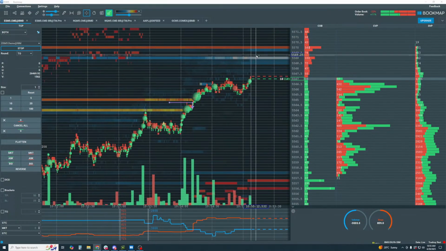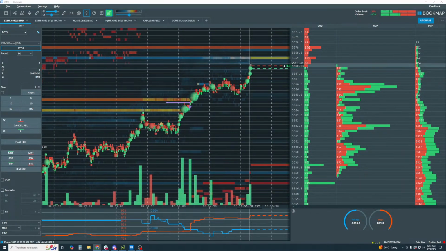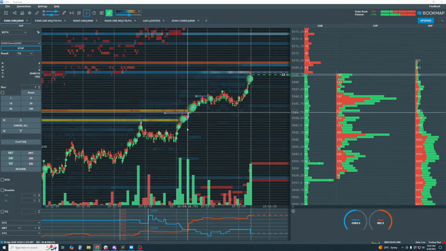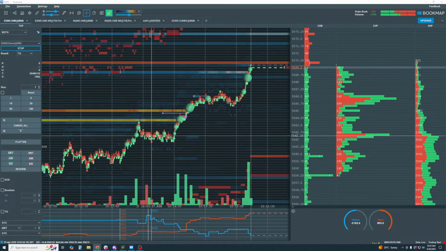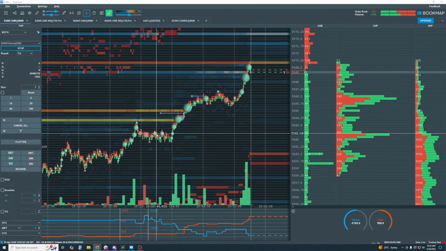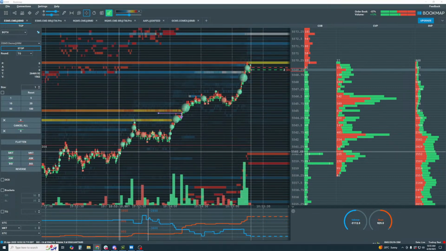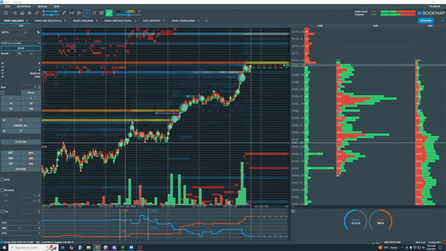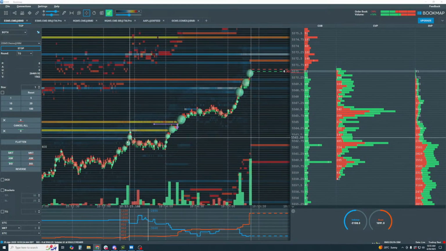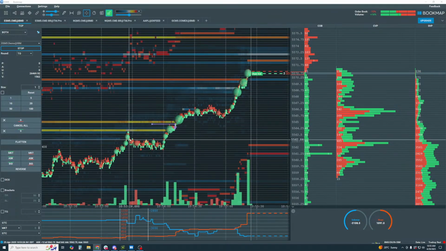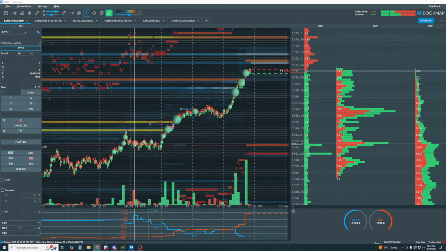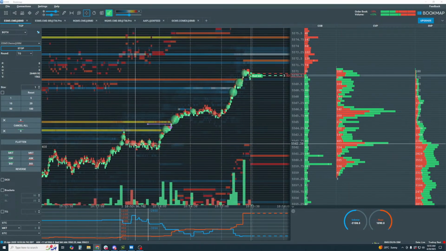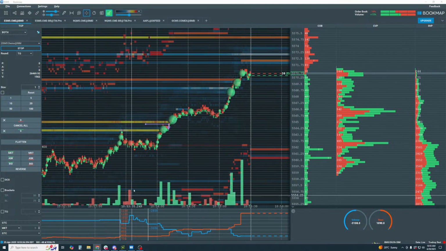All right, one of the things that was good about this one here was, look at this consistency in the buying, right in here. Okay, now there was some selling in here, and it's not very low volume.